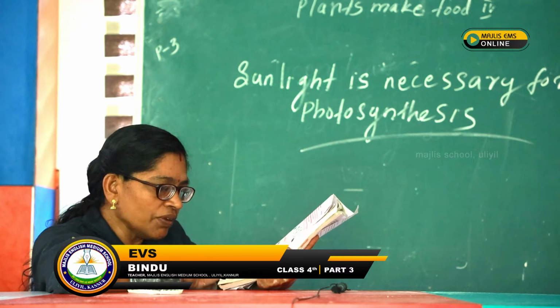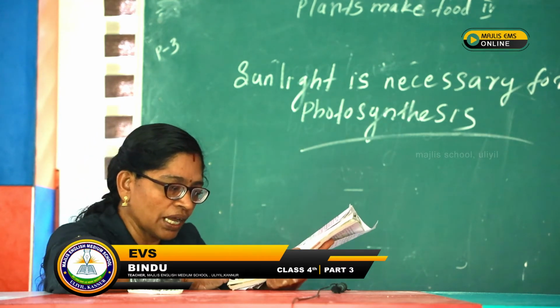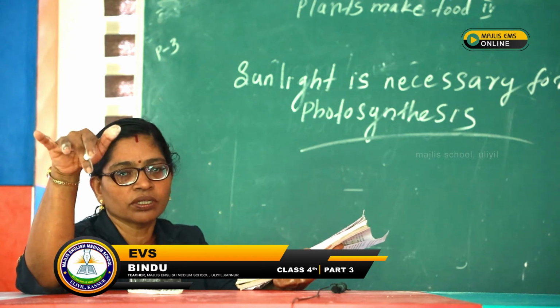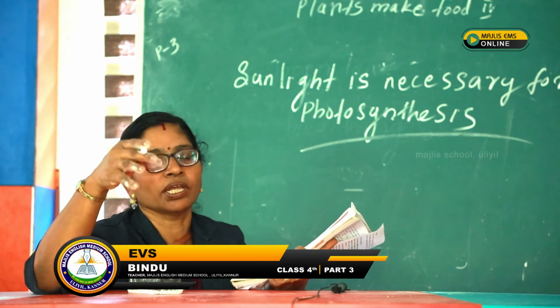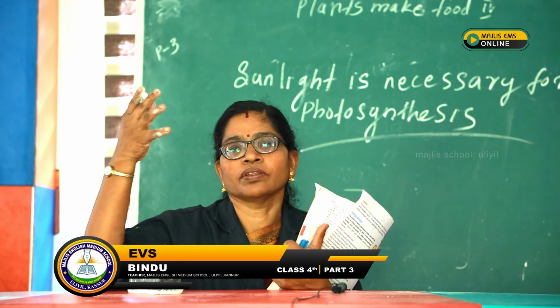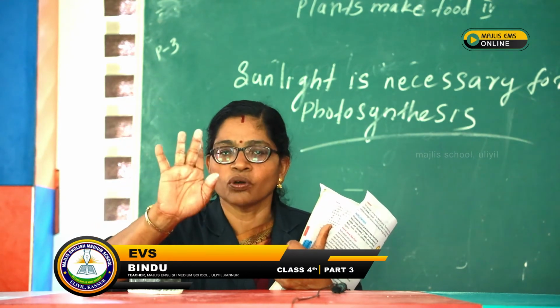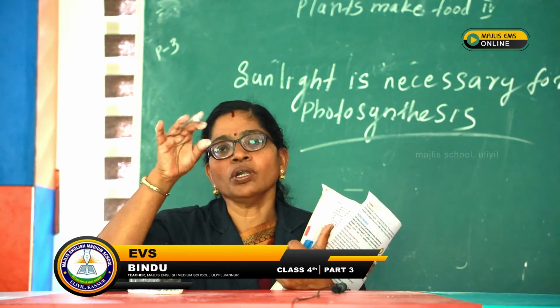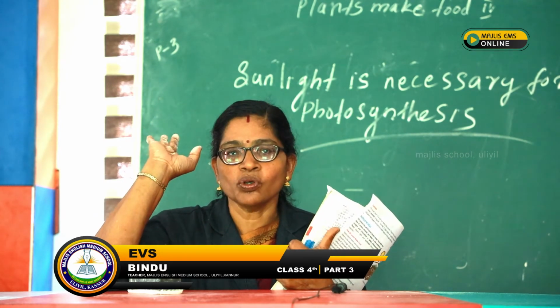Since the leaves do not receive sunlight, they are unable to prepare food. If the leaf doesn't get sunlight, it doesn't make food, the process is not going on. That process is photosynthesis.